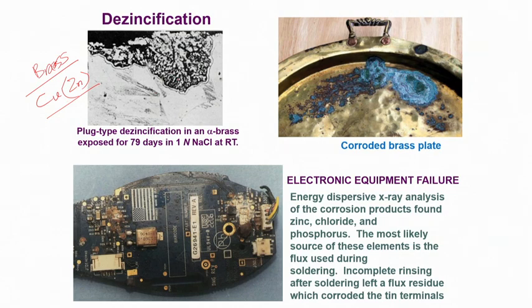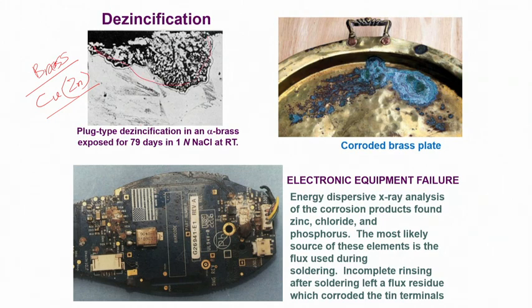Now if you expose this in a chloride-containing atmosphere, the zinc can gradually be leached out by the action of chloride-containing agents, maybe HCl, or simply the chlorine in water can preferentially attack zinc and then dissolve it.